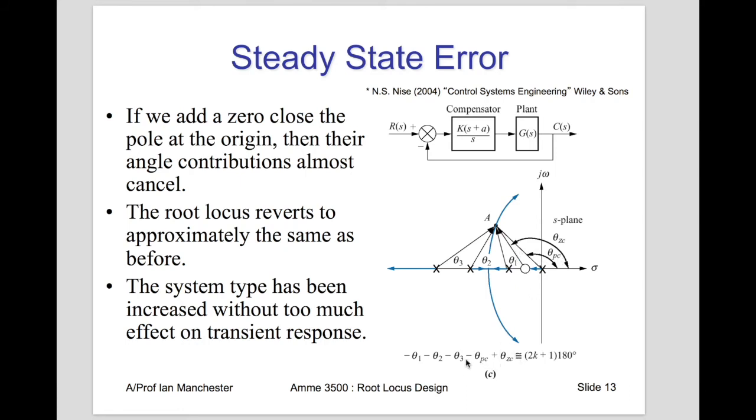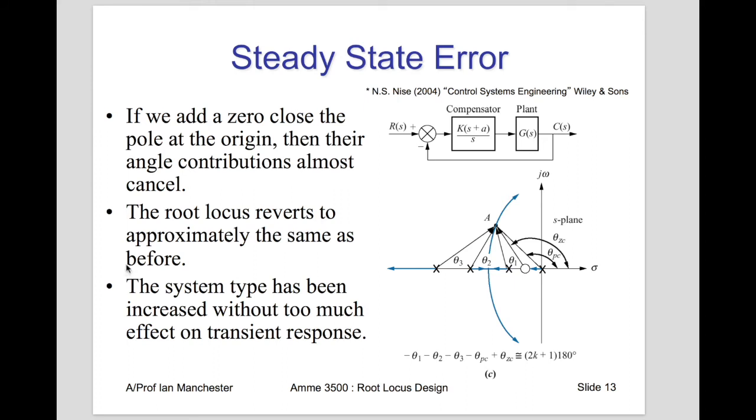If these are pretty similar, then we're still going to get almost the same root locus that we had before, because their angular contributions cancel out, and it's the angular contribution that defines the root locus. So by adding both a pole at the origin and a zero close to the origin, we can actually increase the system type, so we eliminate our steady state error, without changing the transient response too much.